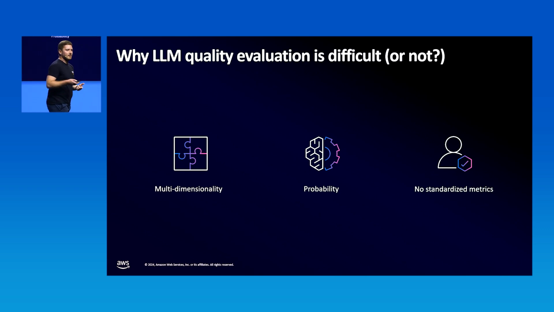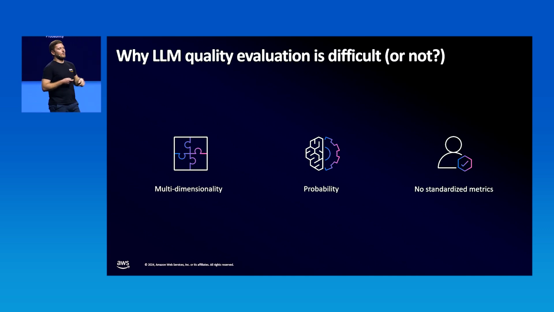Does it hallucinate, or does it contain any fake information, any made-up information, which is obviously not good for the quality? Or you can even look at responsibility metrics and see if it outputs any toxic or harmful or offensive content, which is also not good for quality. So there are a lot of other dimensions, but I think you get the gist of it. Due to this multidimensionality, it is not very easy to directly say what the actual quality of an LLM means.